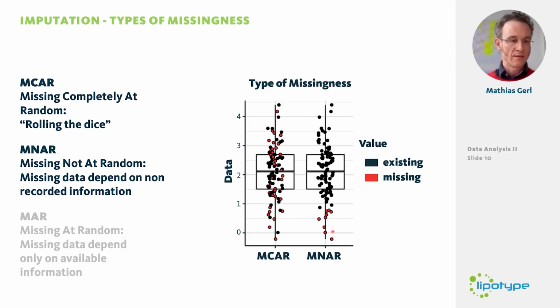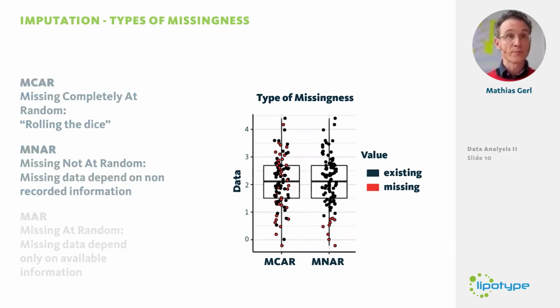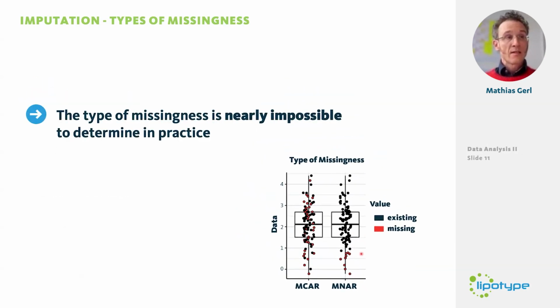And then there's another case, missing at random, which is missing data depending on available information, but we don't go there now. If you have these two concepts, that's perfectly fine. It's important to understand that it's nearly impossible to determine the missingness in practice. If you just have a missing value, you can't tell which kind it is.